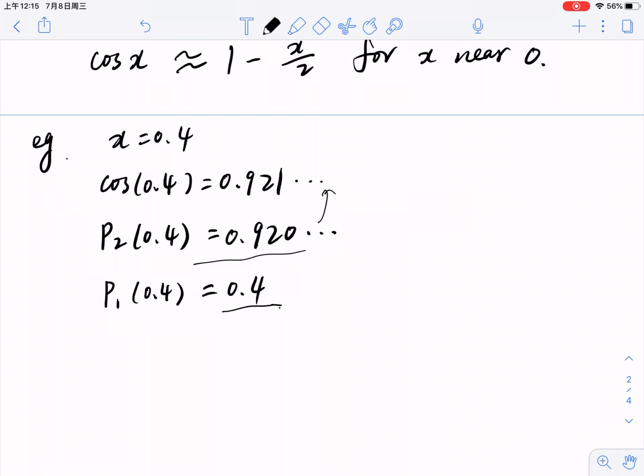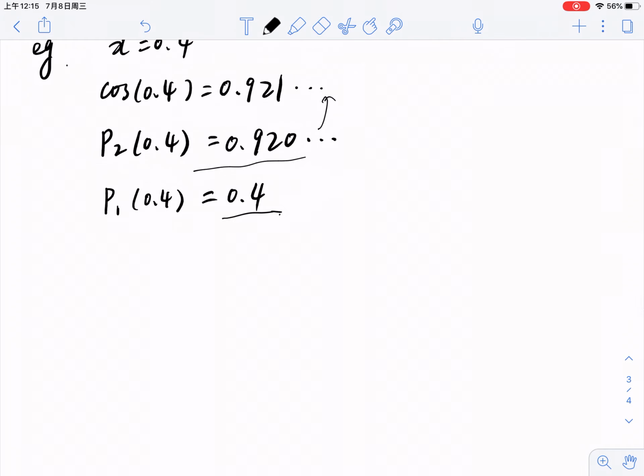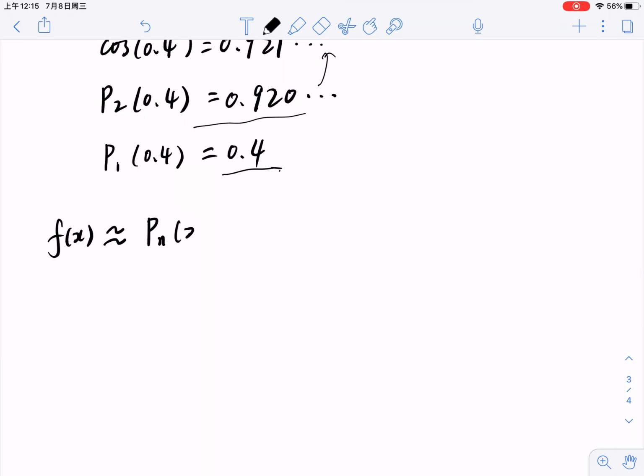So next, let's look at the approximation using higher degree polynomials. If the function f is n times differentiable at the number x = a, then for x near a, the function f(x) can be approximated by the Taylor polynomial of degree n.